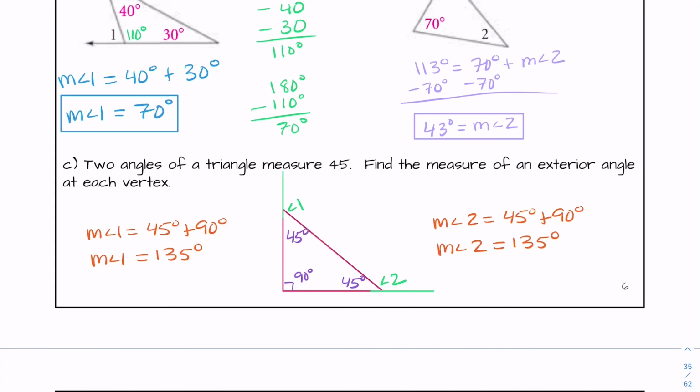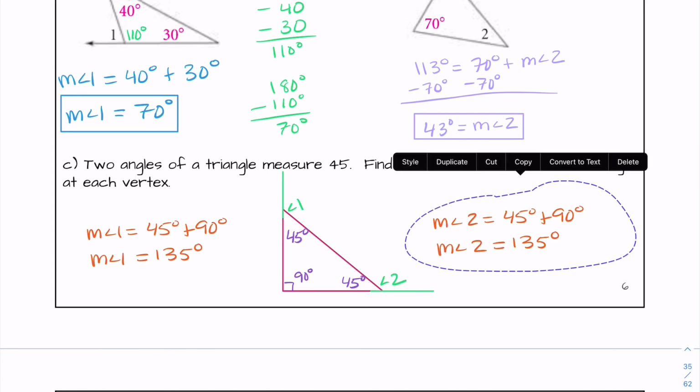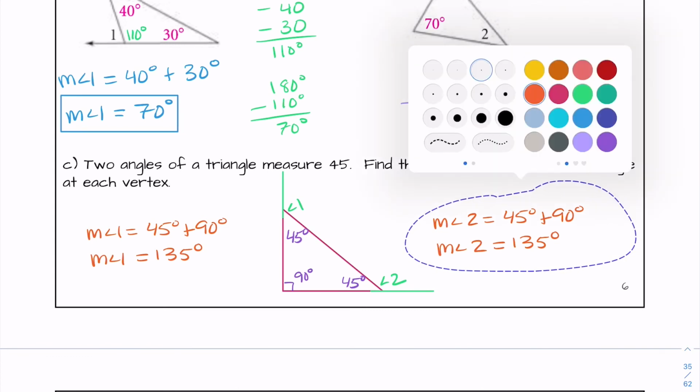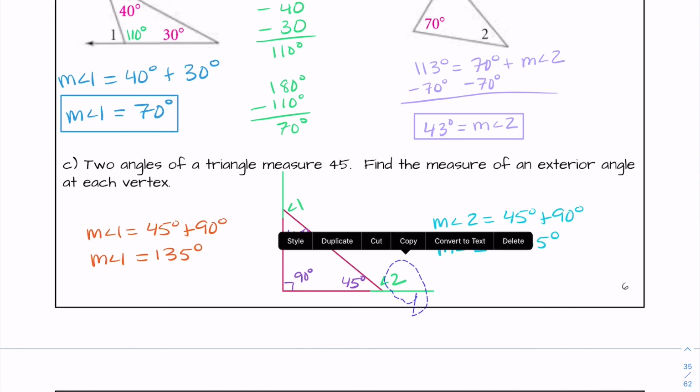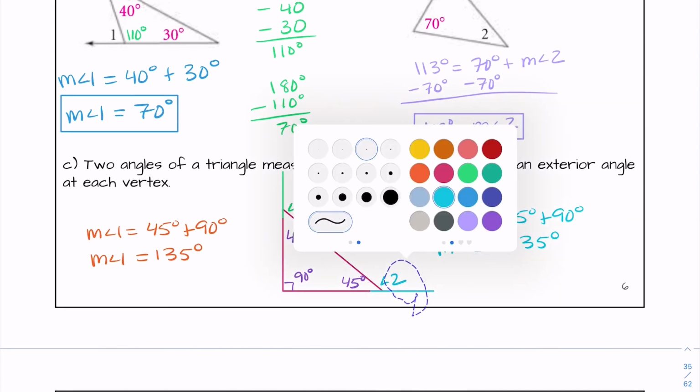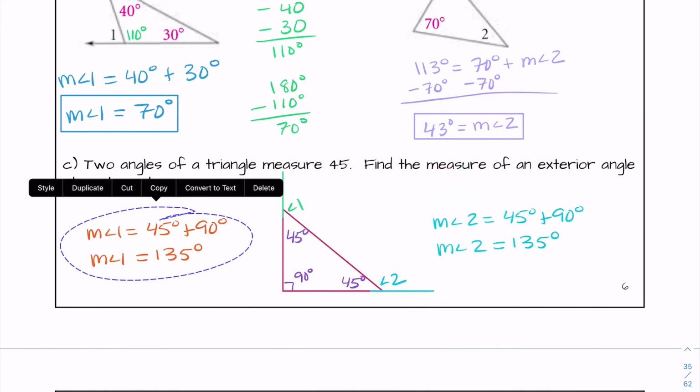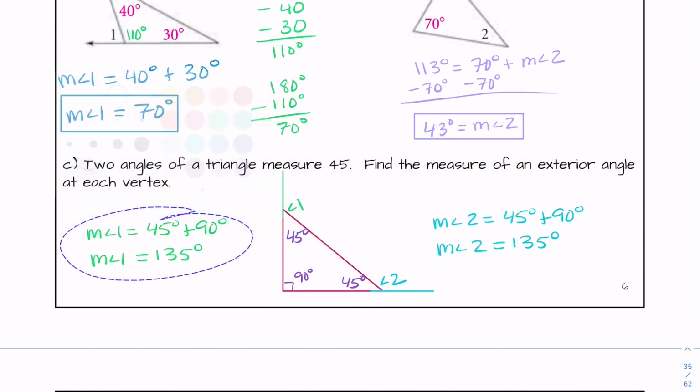I'll change the color of this, and that. Okay. And so those are the measures of the exterior angles.